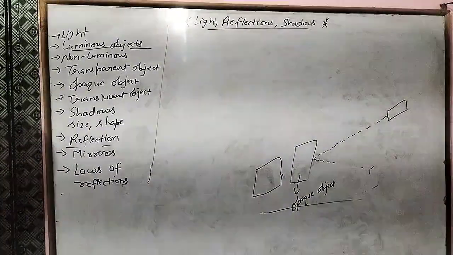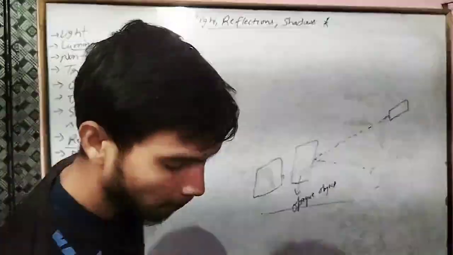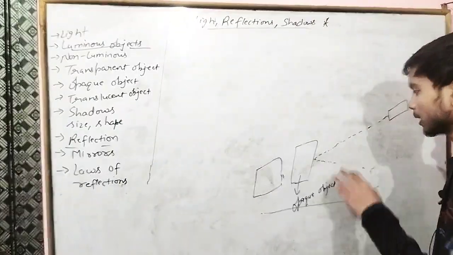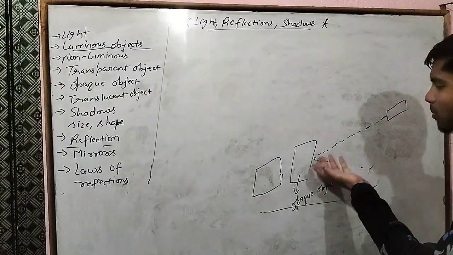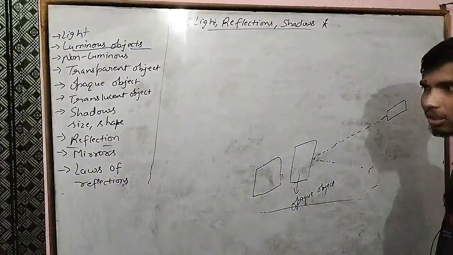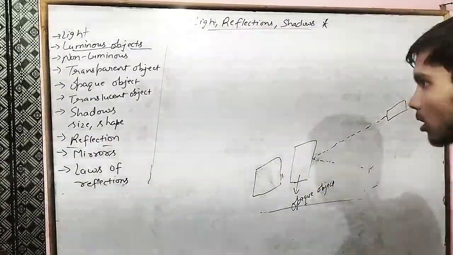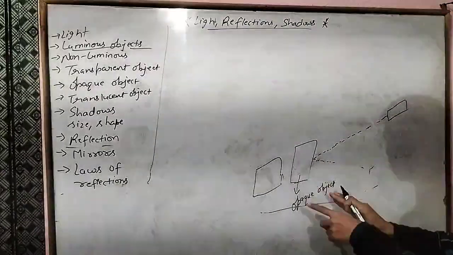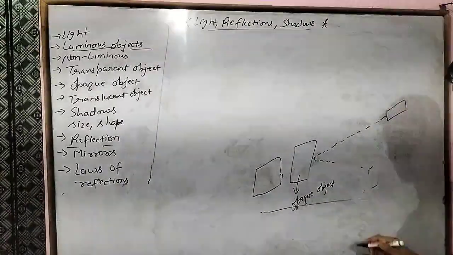Can you explain it? Let's try to explain it. This is a reflection. It is a process of getting reflection. So here, try to understand. Source light is compulsory, and one side opaque object is compulsory.